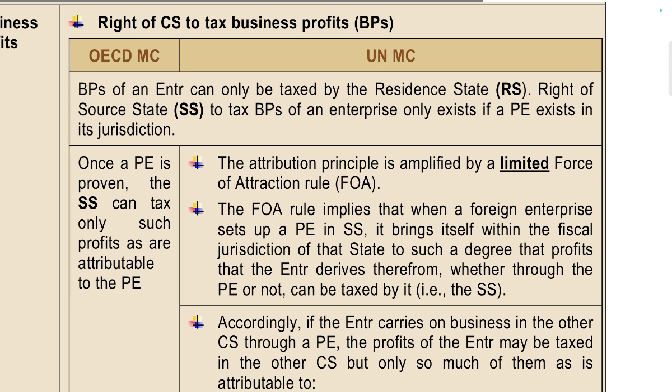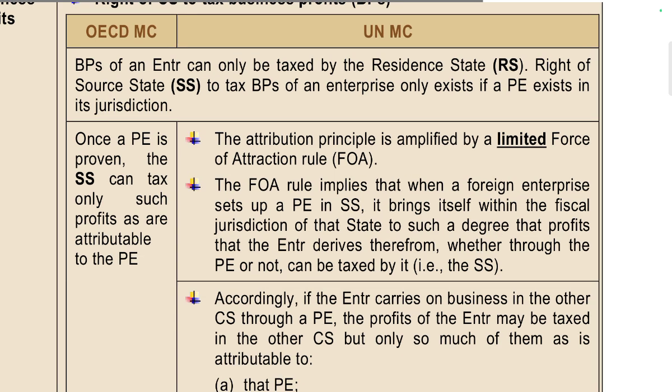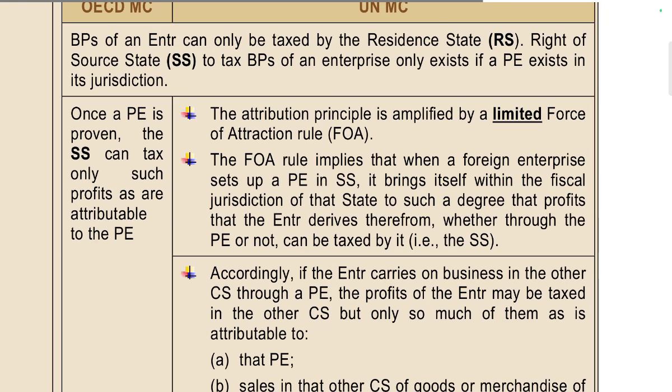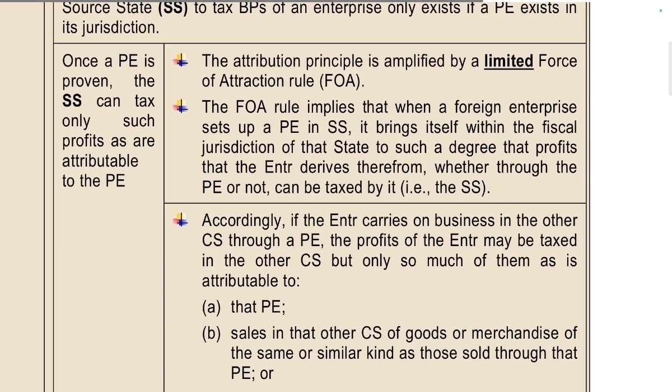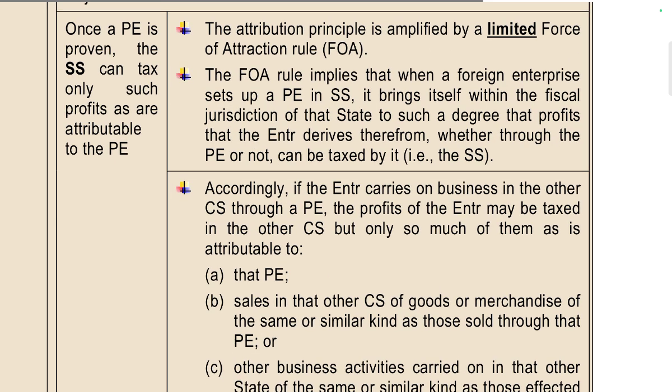Permanent establishment, UN model. The attribution principle is amplified by the limited force of attraction rule, FOA. The force of attraction rule implies that when the foreign enterprise sets up a PE in the source state, it brings itself within the fiscal jurisdiction of the state in respect of the profits the enterprise derives therefrom, whether through the PE or not.